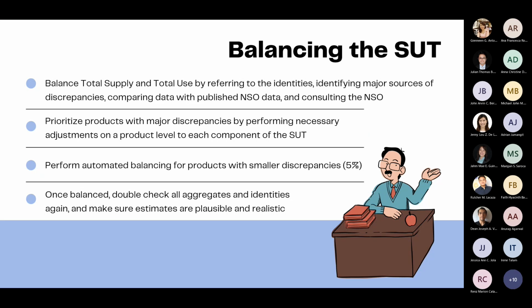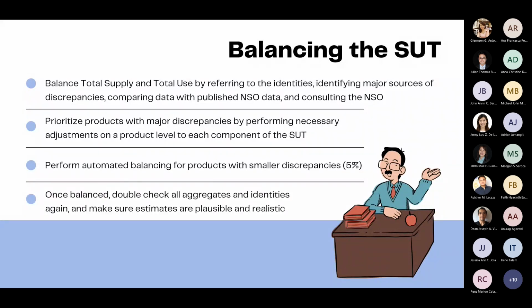You can do adjustments on a product level, and you can prioritize perhaps those with above 10% or 5% discrepancy between supply and use. So that just means if your supply minus use is above your supply by 5 to 10%, you can prioritize those first in balancing.